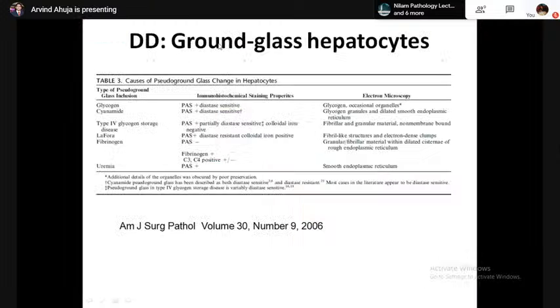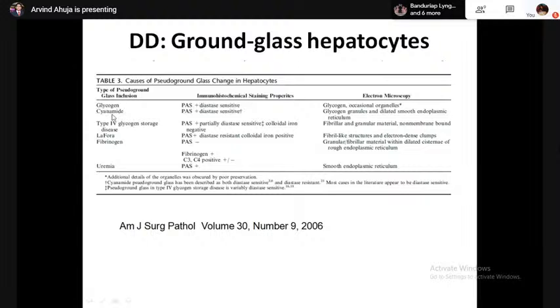There's a differential diagnosis of ground glass hepatocytes because you have to confirm that these ground glass hepatocytes are due to hepatitis B. So you have to do IHC for hepatitis B surface antigen, or you can do Orcein also. The differential diagnosis of ground glass hepatocytes could be due to glycogen, so we have to do PAS and PASD, which is PAS positive and diastase sensitive.